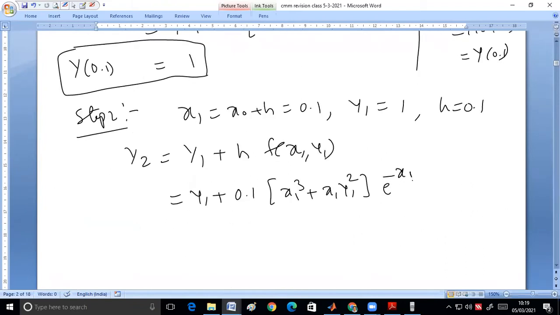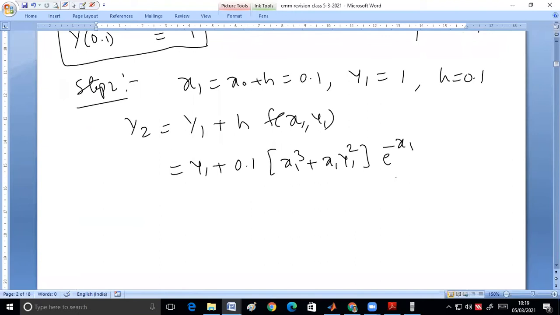Now substitute the values using the calculator. y1 is 1, 1 plus 0.1 into, x1 value is 0.1 whole cube plus 0.1 into y1 value 1 square, into e power minus 0.1.